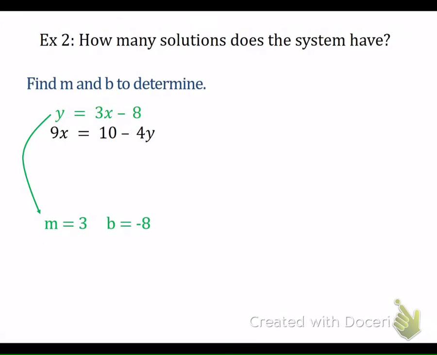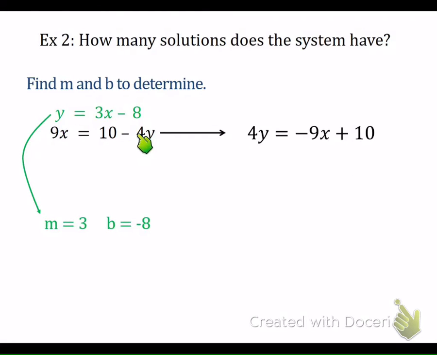Okay, next line, we got to get it into y equals mx plus b. We've been doing this for a whole chapter now. So, what I did here, I subtracted 9x, right?